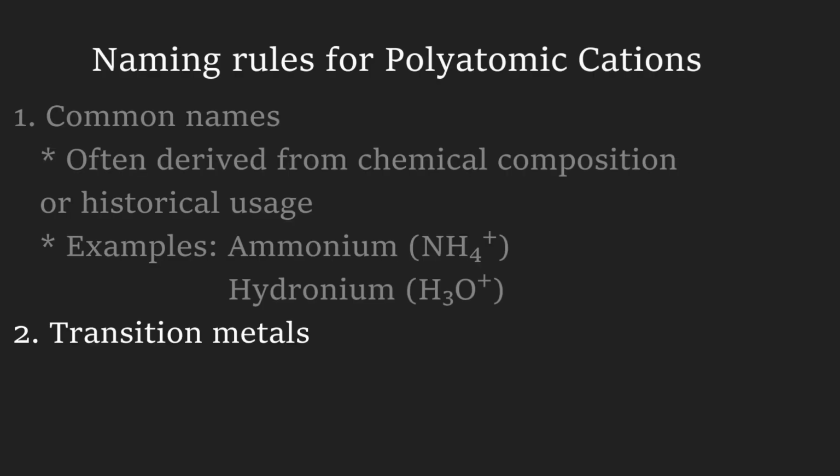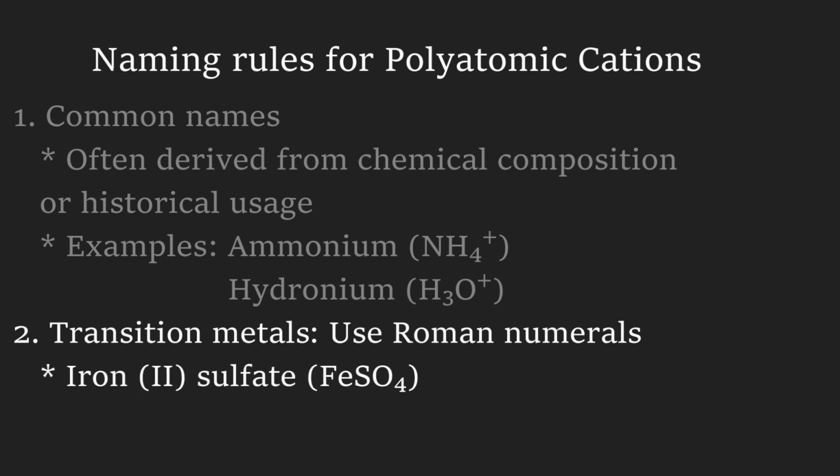So what implications does this have for answering our initial question, namely, what does this mean for the naming rules for polyatomic cations in this context? For cations derived from transition metals that can have multiple oxidation states, we use Roman numerals to indicate the oxidation state. For example, iron sulfate, where iron is followed by the Roman numerals for 2, indicates that iron has a +2 oxidation state.